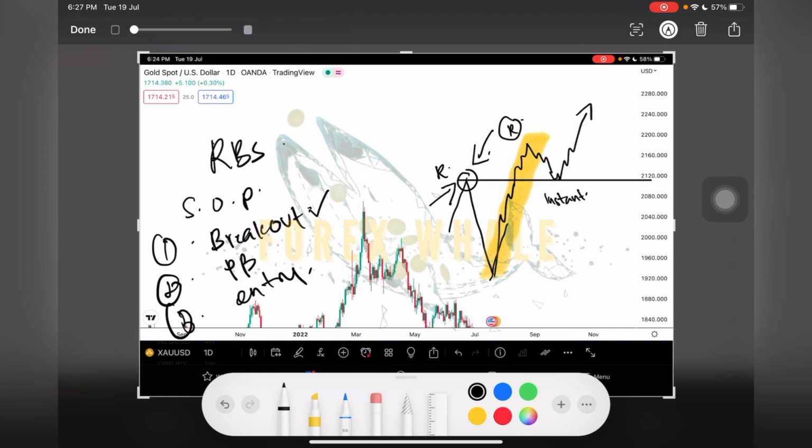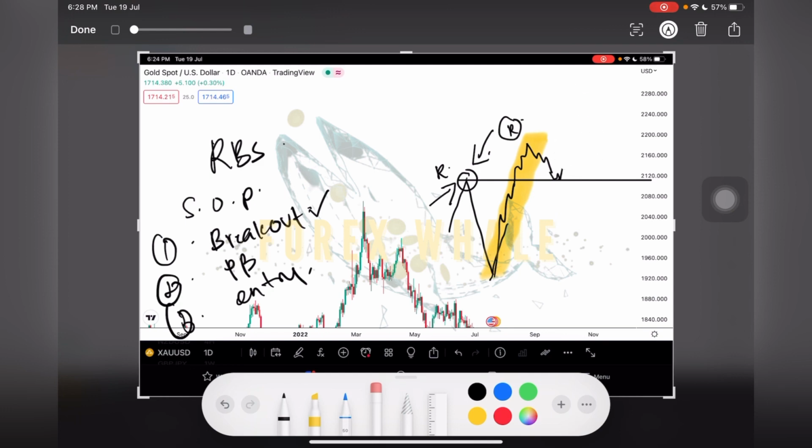So this is RBS setup number 1. But I would consider this as high risk, because there's no confirmation yet, and there's always that possibility of price breaking through that resistance level. This is trade number 1, high risk, and I don't really recommend it.